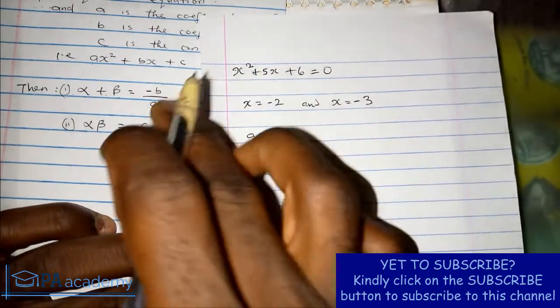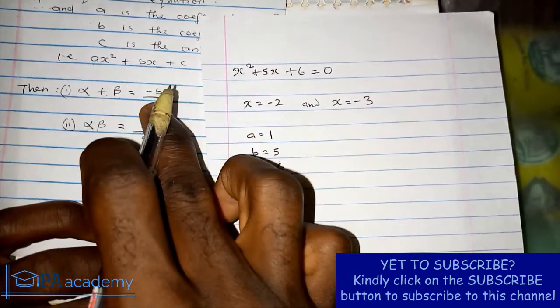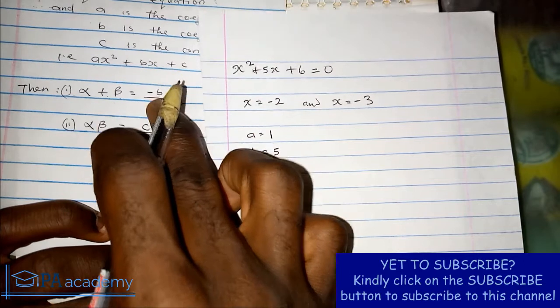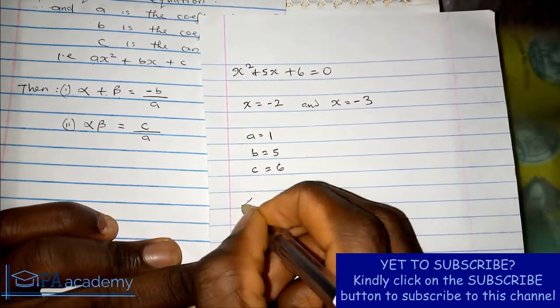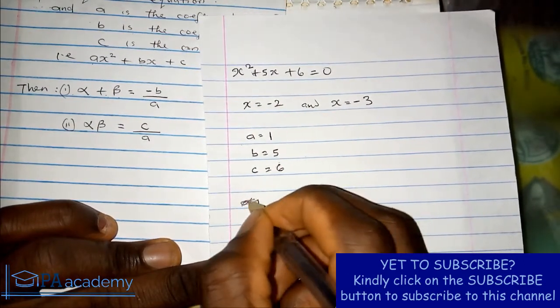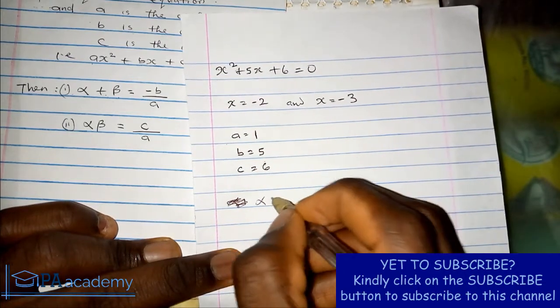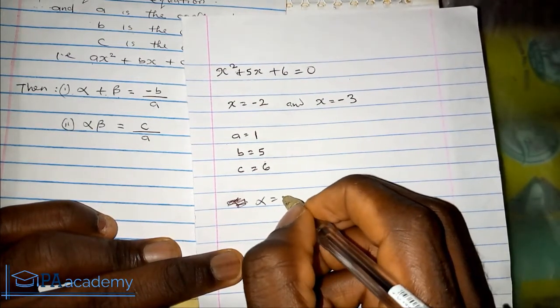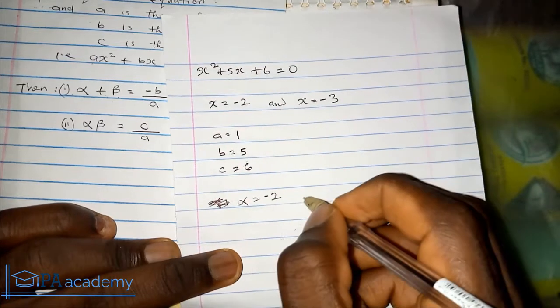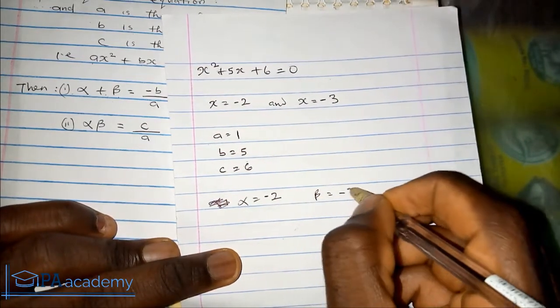So now let's see if alpha plus beta is also equal to minus b over a. First, let me write the value for alpha. Let's take our alpha to be -2 and our beta to be -3.